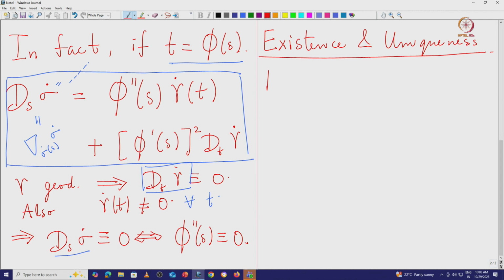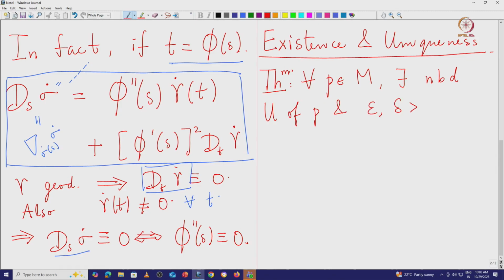Here is the main theorem that we'll prove. For all points P in M, there exists a neighborhood U of P and positive numbers epsilon and delta with the following property.